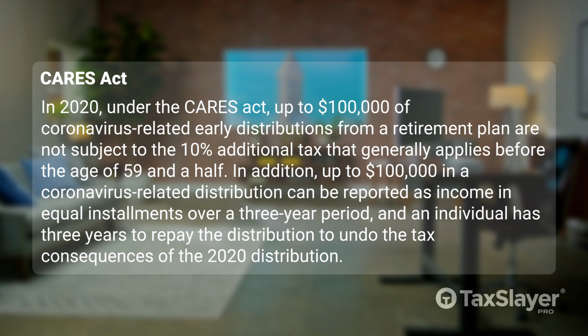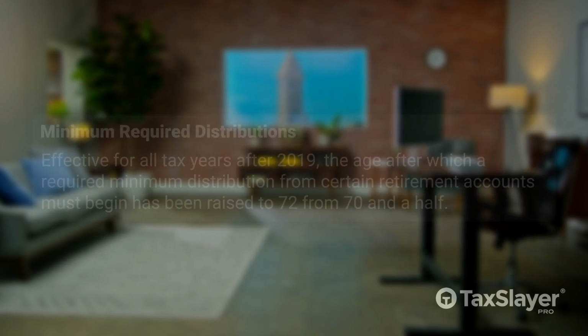In addition, up to $100,000 in a coronavirus-related distribution can be reported as income in equal installments over a 3-year period, and an individual has 3 years to repay the distribution to undo the tax consequences of the 2020 distribution.